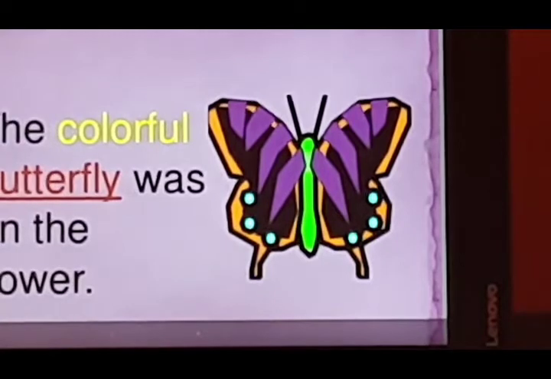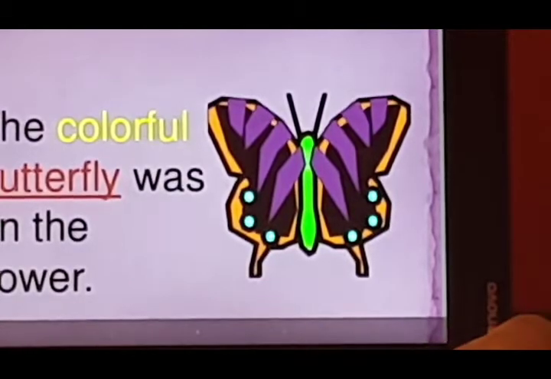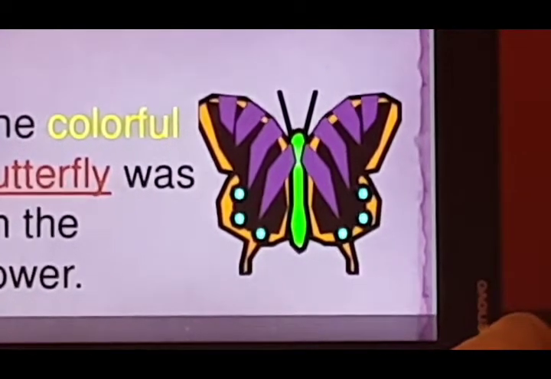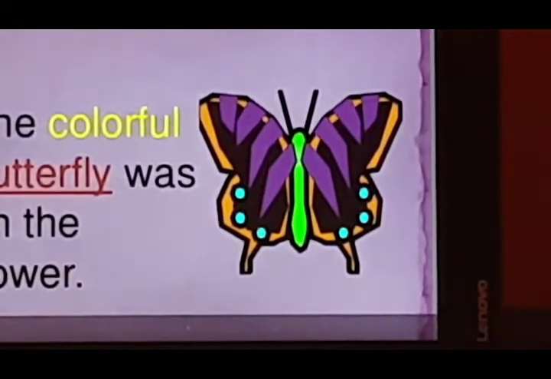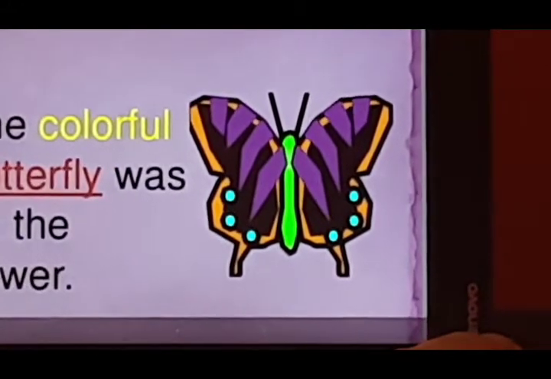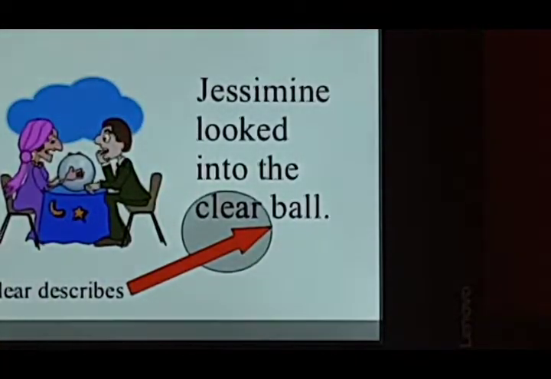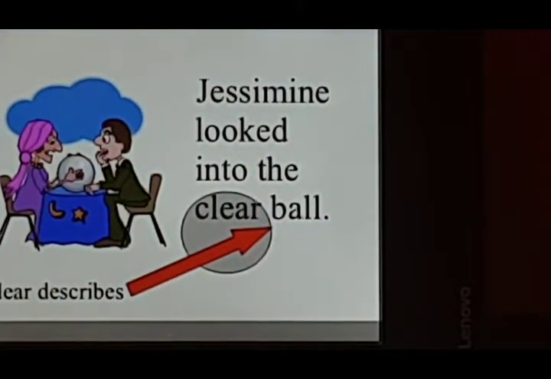The colorful butterfly was on the flower. So here we are using words for the butterfly, that there is a colorful butterfly. So next, Jasmine looked into the clear ball.